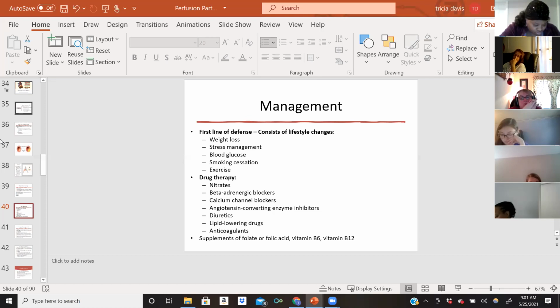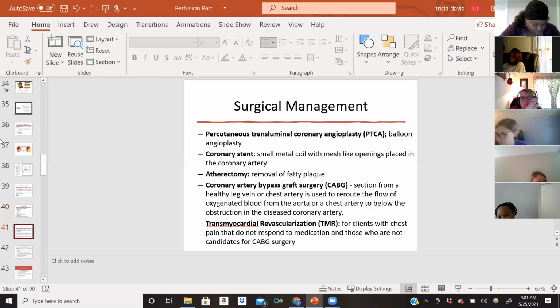Definitely are going to give those lipid lowering agents, so your atorvastatin, which is your Lipitor. We're going to give anticoagulants because we want that blood to be thin. And then we want to give supplements of folate or folic acid, vitamin B6, and vitamin B12.